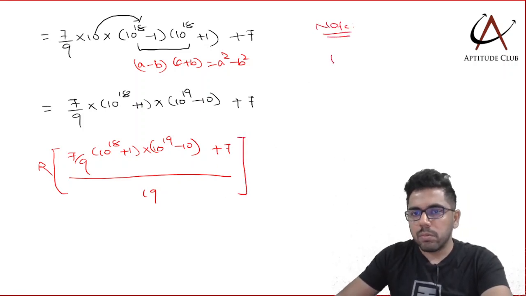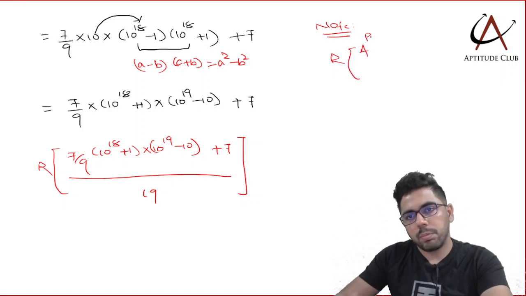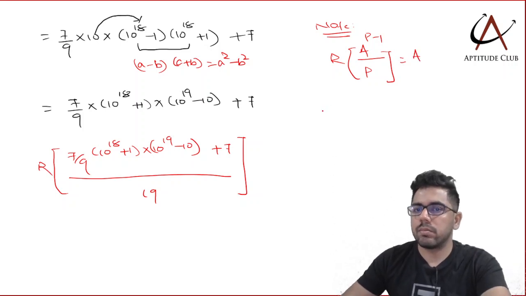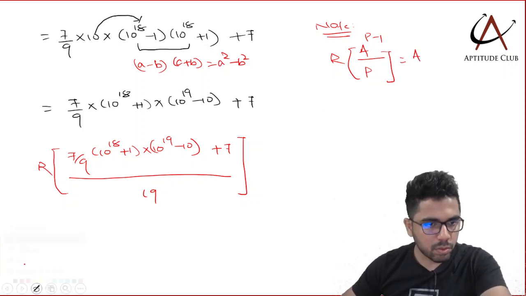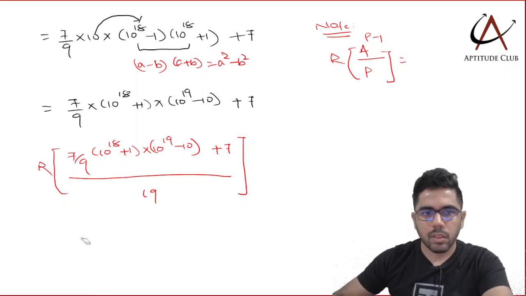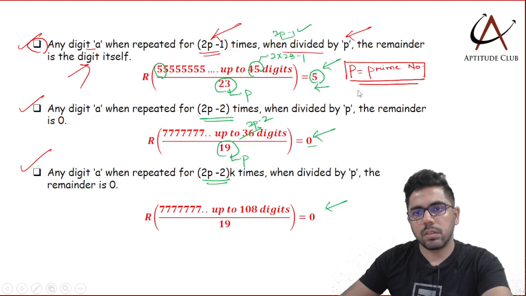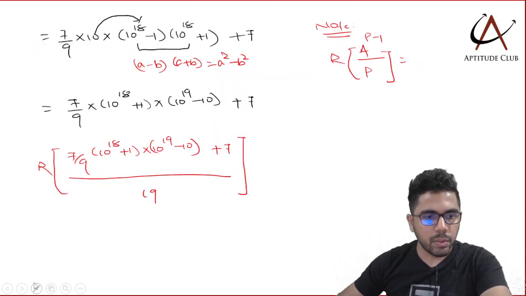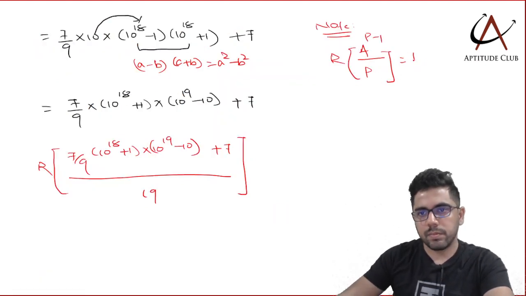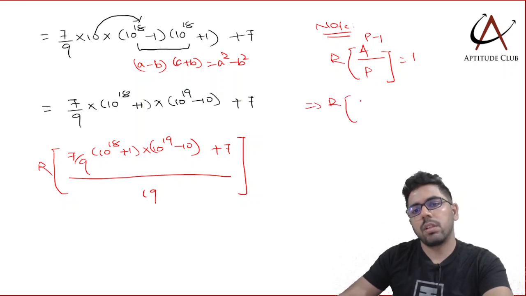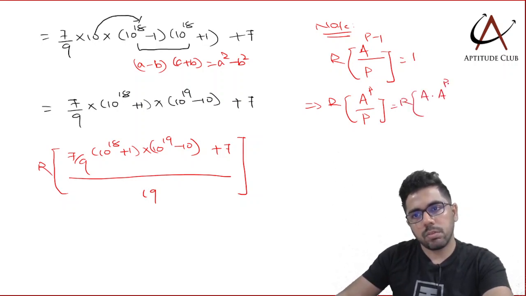Now in Fermat's theorem we learnt that the remainder of a to the power p minus 1 divided by p is 1. If a to the power p minus 1 has remainder 1, then I can write the remainder of a to the power p divided by p as the remainder of a into a to the power p minus 1 divided by p.